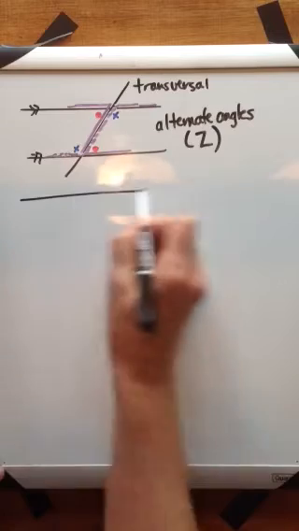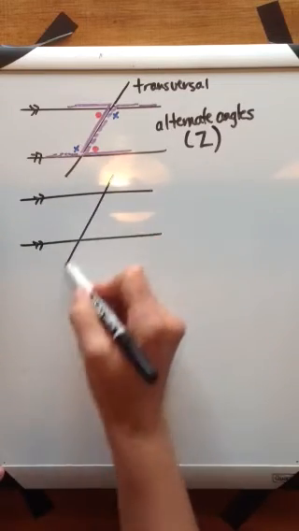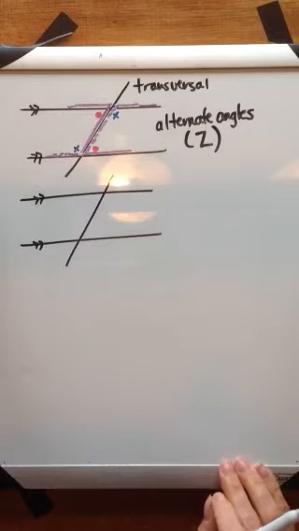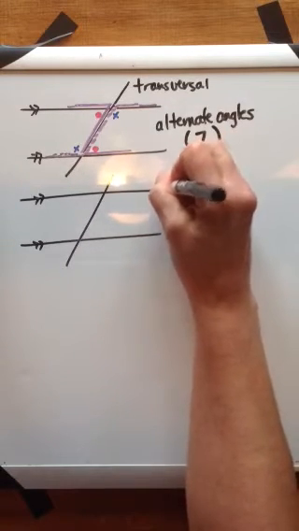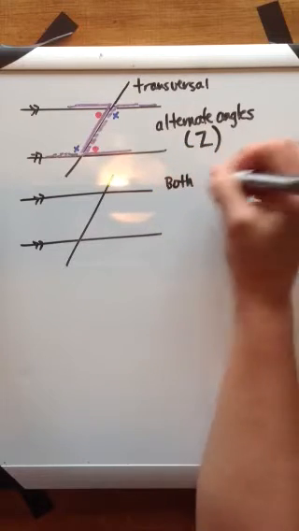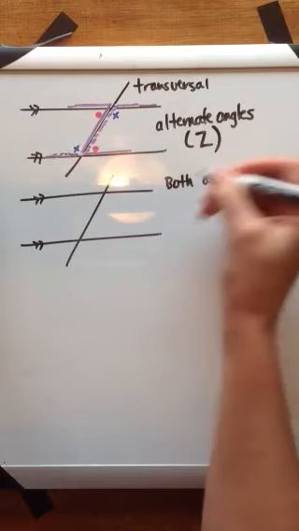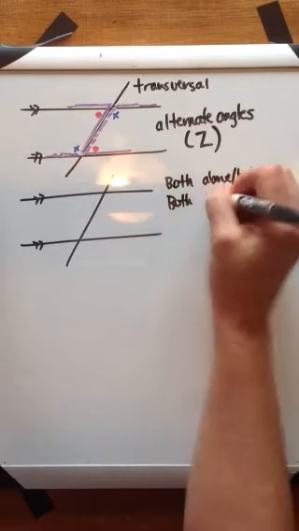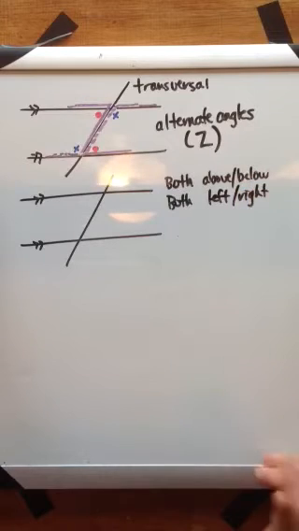Another pattern you can look for in a set of parallel lines, if you have a transversal, is to look for angles that are both in the same position. And what I mean by that is that they have to both be above or below the parallel lines, and they both have to be on the left or the right of the transversal. So let me show you what I mean.